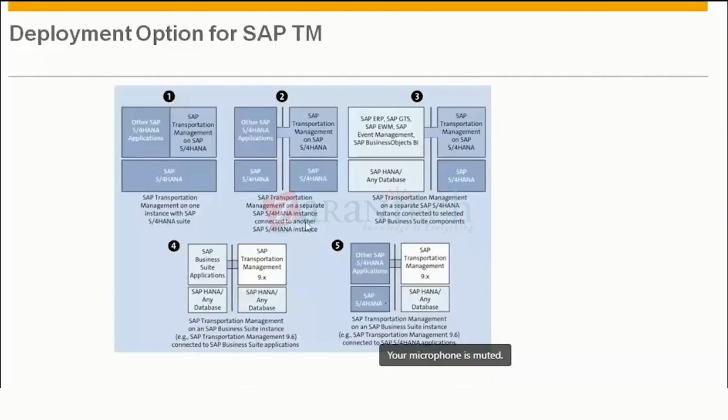for this embedded part, there is no middleware required because they are using the same S/4HANA instance. When no middleware is required in embedded, that means there is no need to transfer any master data or transaction data across two servers, right? So what does that mean?